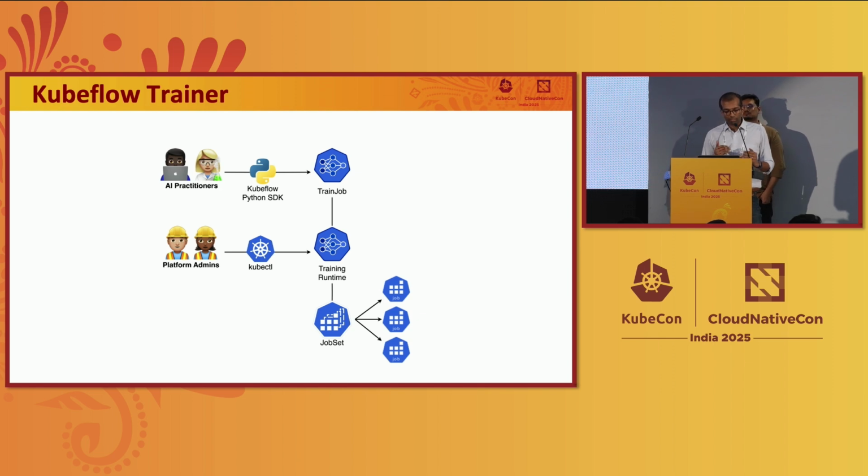The platform admins interact with the cluster using standard kubectl, and once it is submitted, the training job controller picks it up, and it is translated internally. It is using JobSet, which is a Kubernetes SIG project, which can orchestrate multiple Kubernetes batch jobs.